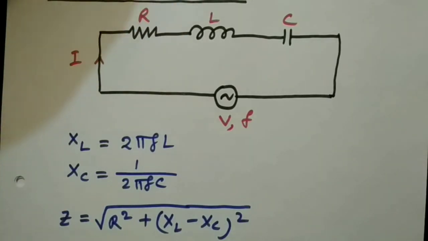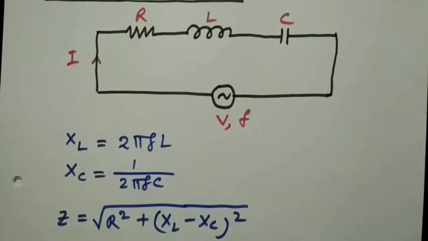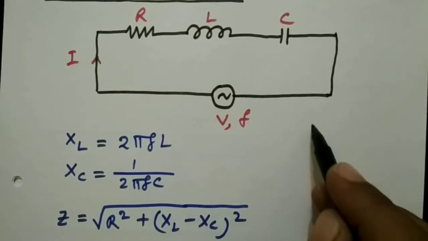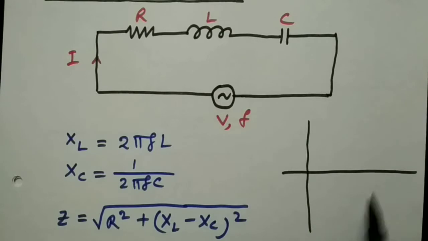This we have already discussed in previous classes when the RLC series circuit was discussed. Now here, if we draw the phasor diagram with respect to the current, we can see that the current is taken as a reference.